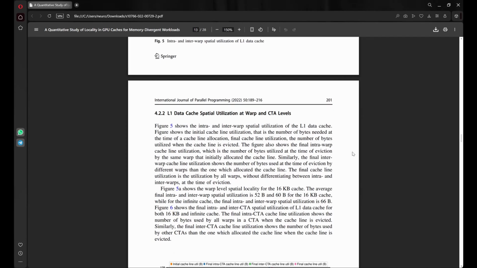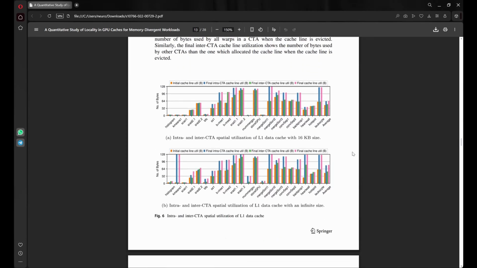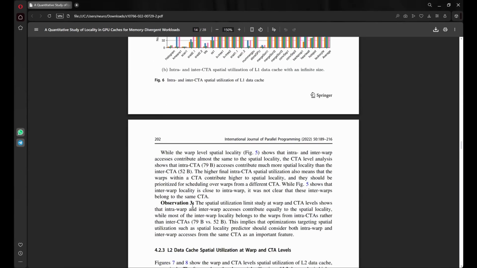What they found intriguing is that the limit study at warp and CTA level shows that intra-warp and inter-warp axes contribute equally to spatial locality.